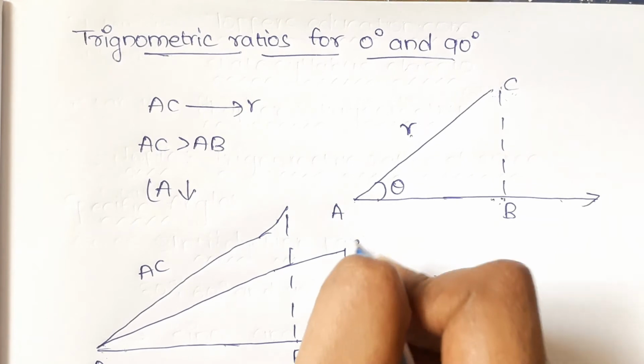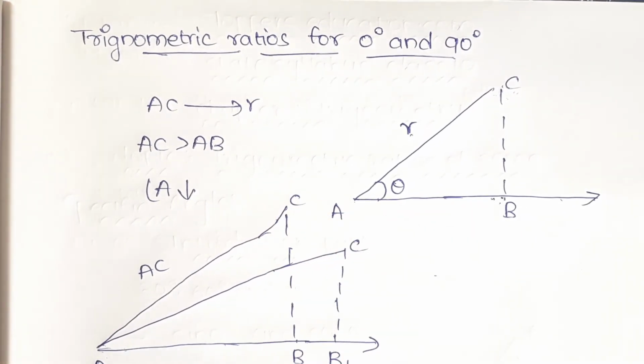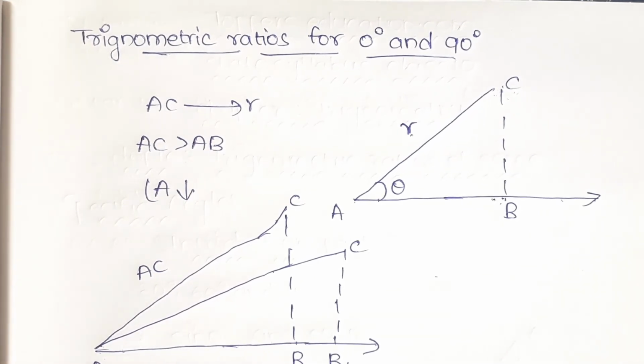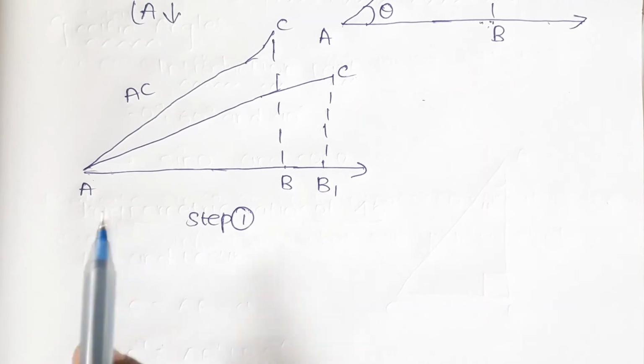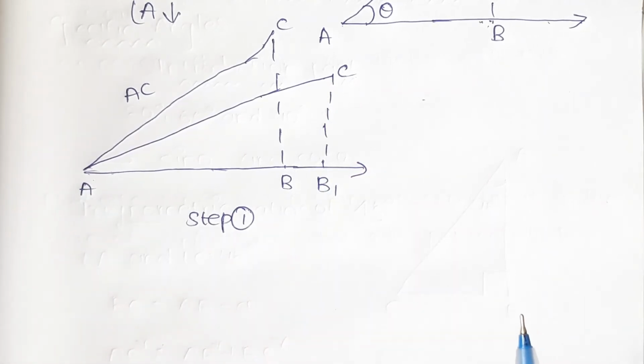Here it is B1, here is C. It is step 1. And another step is, as the angle goes on decreasing, at some time the angle will become 0 degrees. And now the height will also become 0, and the adjacent side will be equal to AC.